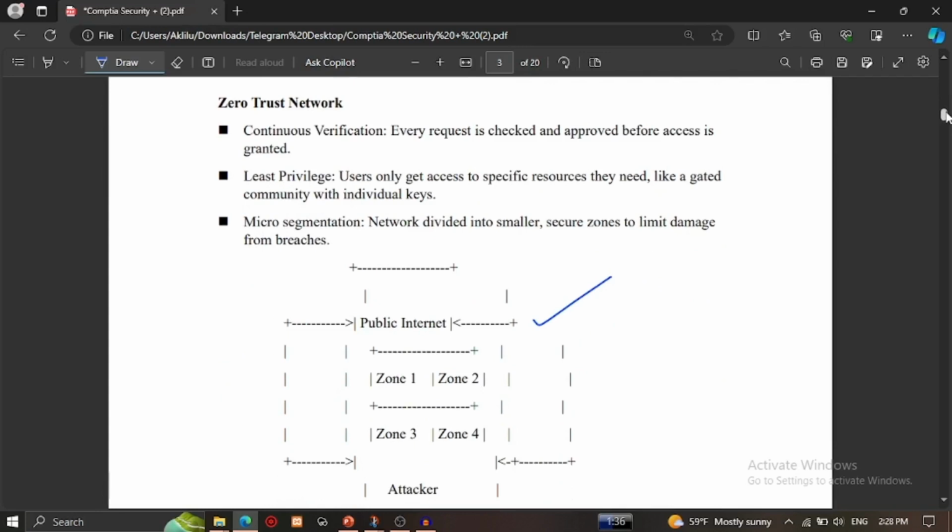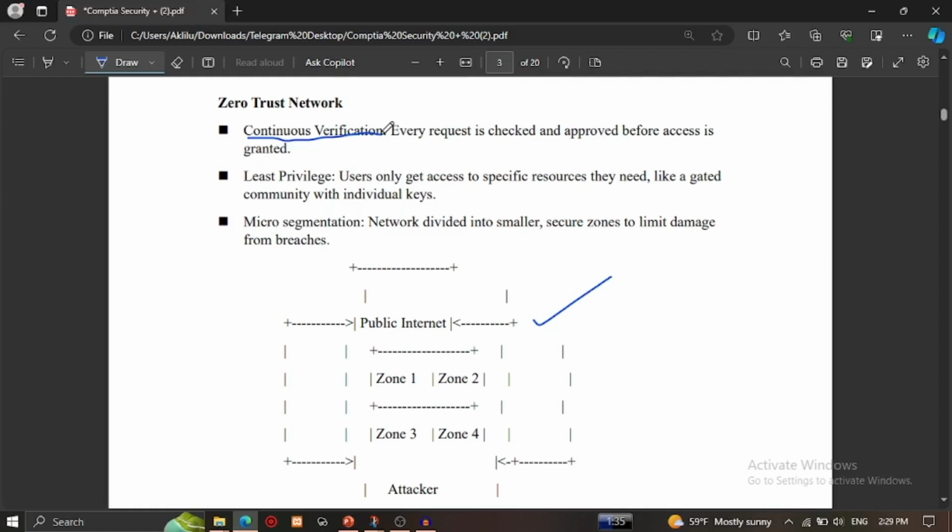It has three main concentration areas. The first is continuous verification. Every request is checked and approved before access is granted. So every user should be authenticated before he enters the company's internal infrastructure to access any data or resources.